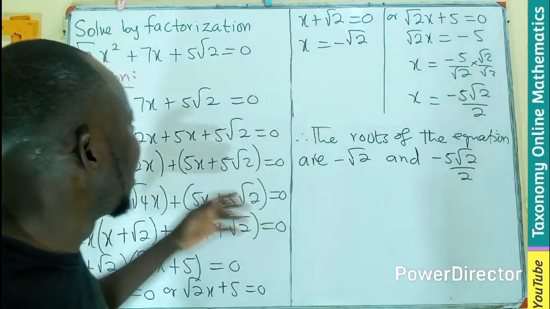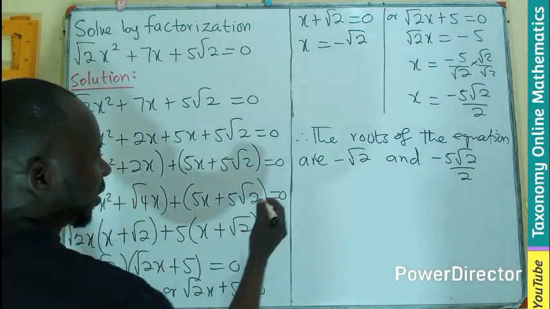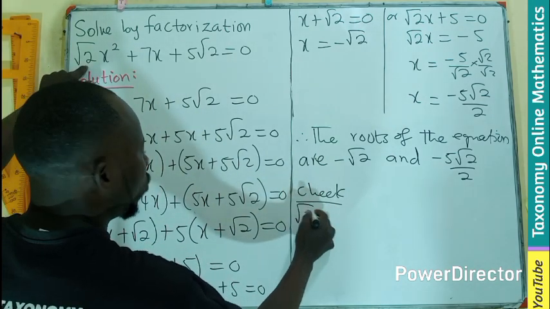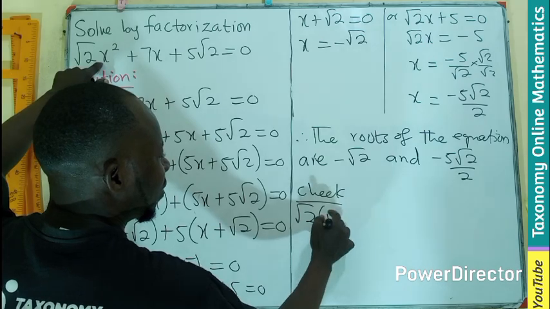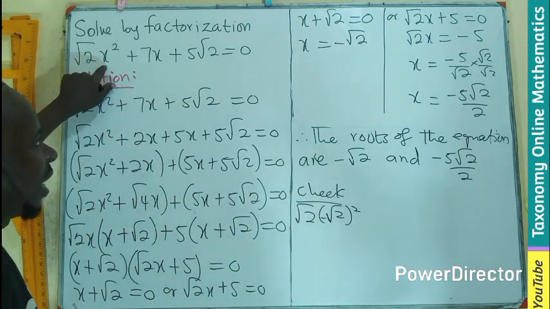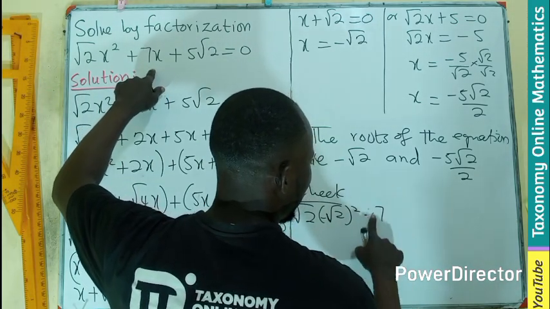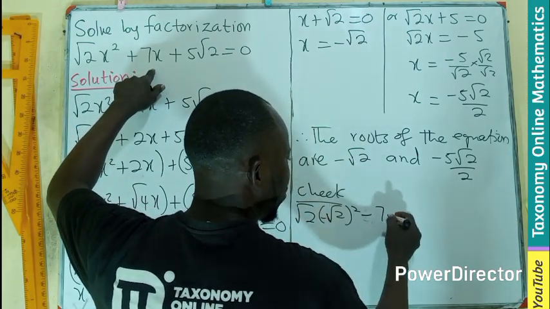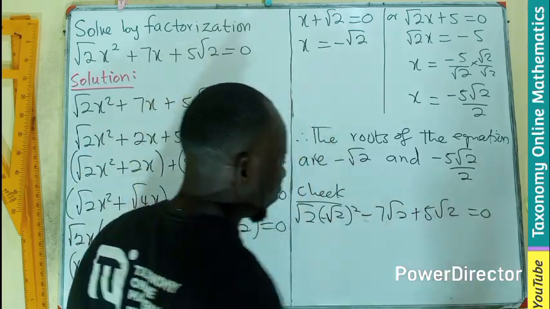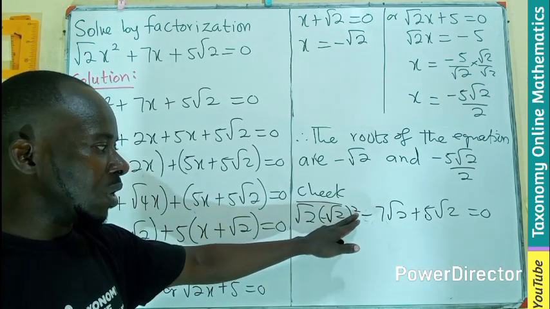We can do a check even with one of them. Let's check with one and see. If I do a check, I should have root 2 into bracket minus root 2 all squared, when x is replaced by the first root, plus 7 times negative root 2, plus 5 root 2. We are expected to have 0.